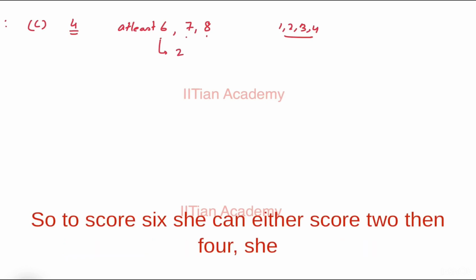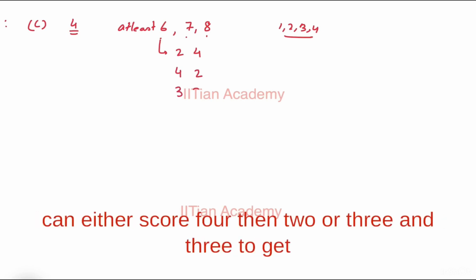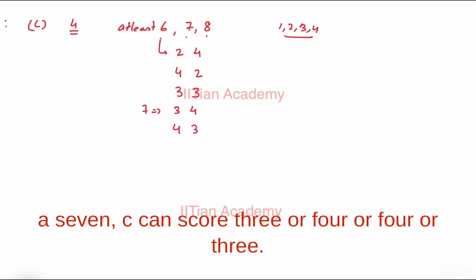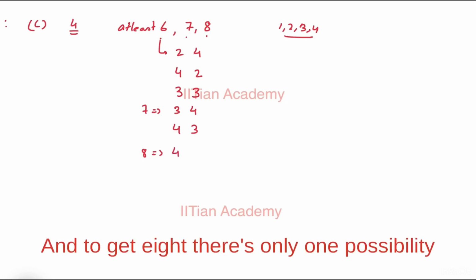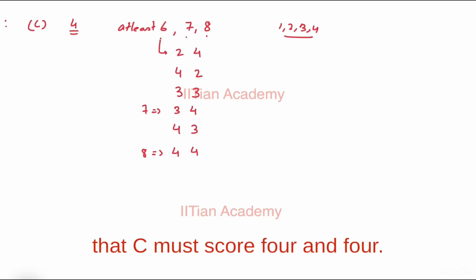To score 6, she can either score 2 then 4, or 4 then 2, or 3 and 3. To get a 7, she can score 3 then 4, or 4 then 3. And to get an 8, there is only one possibility, that she must score 4 and 4.